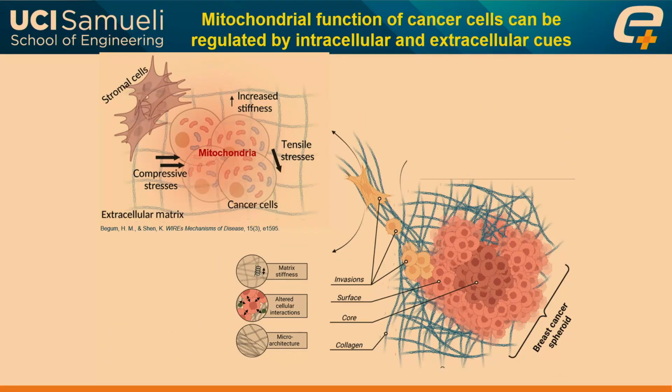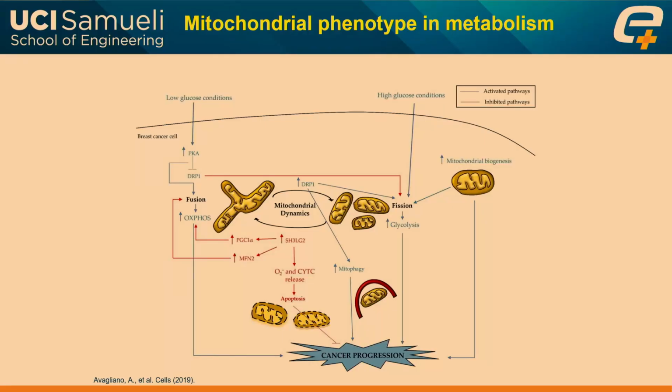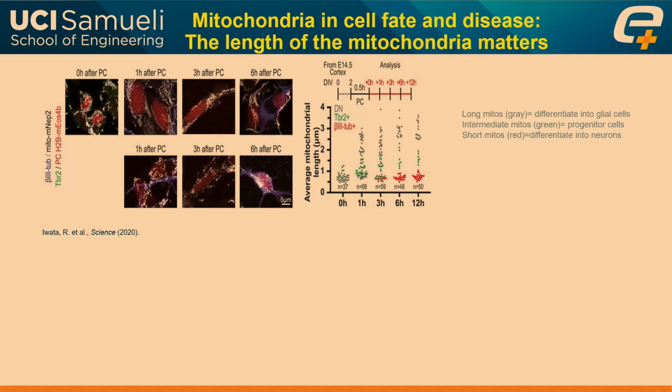So we were much interested in how that happens, and we know that mitochondria is key. So my student looked into some papers, and he found that the mitochondria phenotype, the size of the mitochondria, can actually give you a lot of information about the cells.